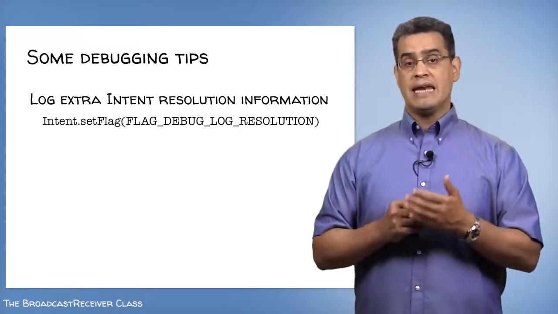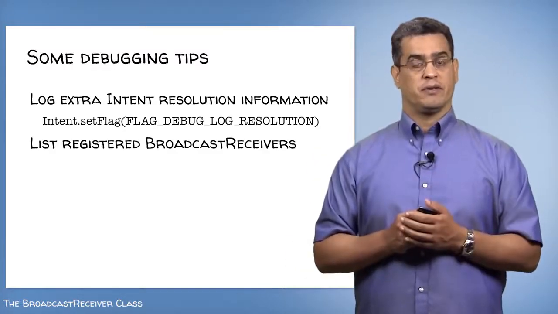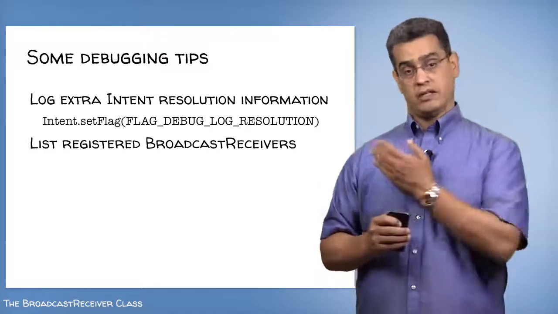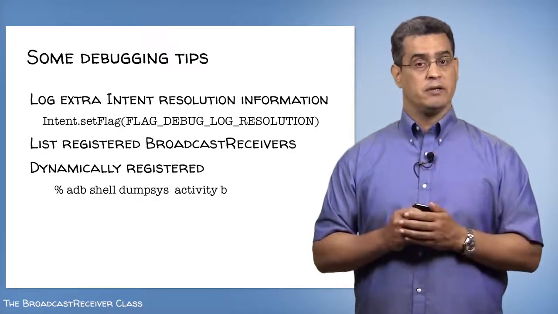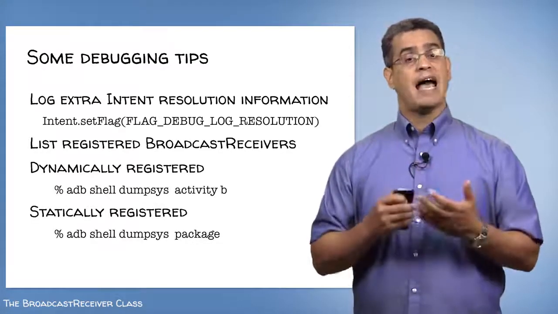Another is to use the ADB tool to find out what broadcast receivers have been registered. And you can use the dumpsys command, like this, to show broadcast receivers that are dynamically registered, and you can use it like this to show those that are statically registered.